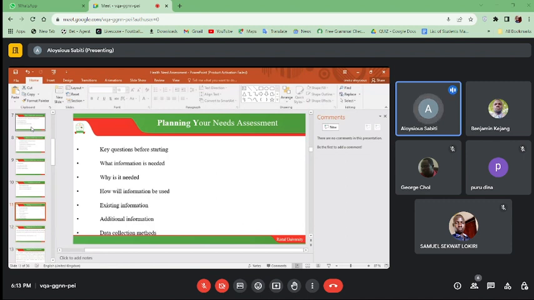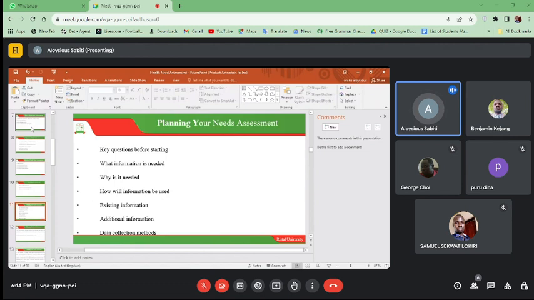But before we go to the particular discussion we're having today, I want us to understand the importance of needs assessment.